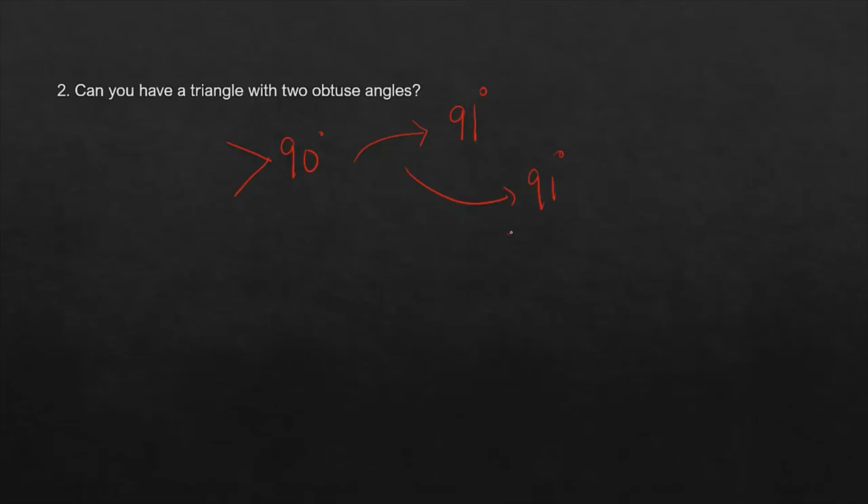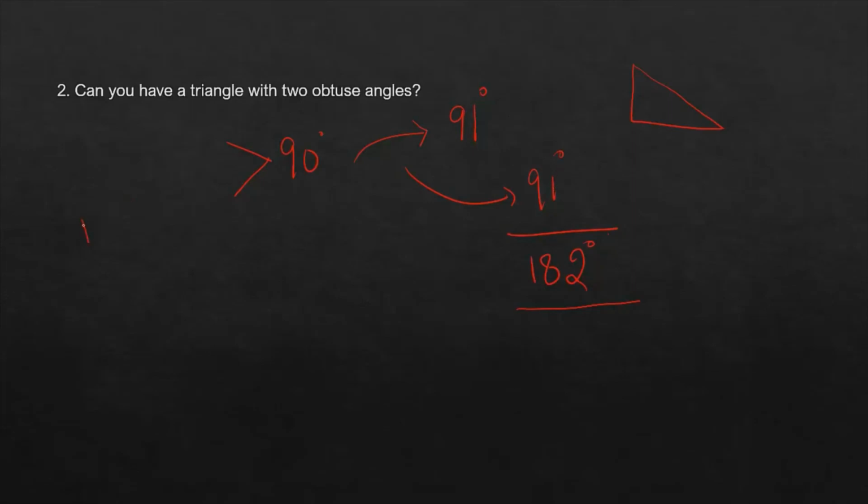Let's add these two. If we add these two, we get 182, right? If it's 182 in these two angles only, then how can we say that a triangle can have two obtuse angles?